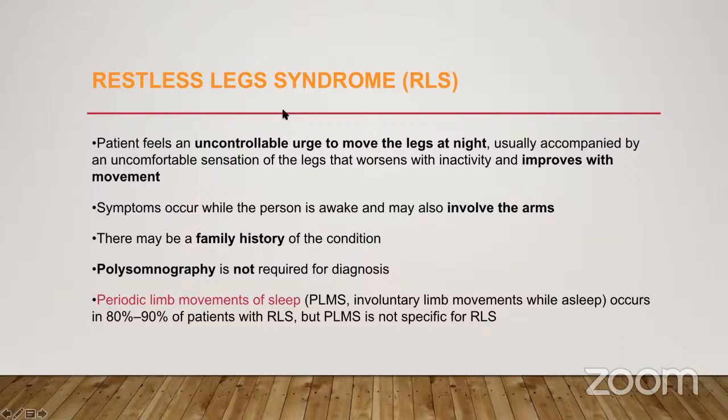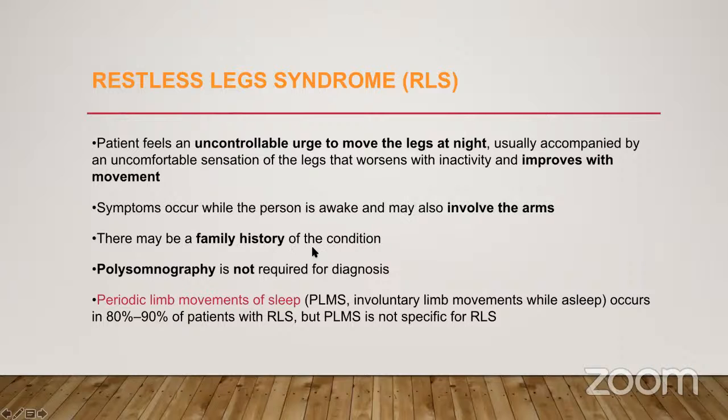The last movement disorder that we will talk about today is restless leg syndrome. This is usually an uncomfortable feeling or urge to move your legs, especially at night, and it usually improves with movement. It does not only affect the legs; sometimes it can also affect the arms, and it is associated with a positive family history.